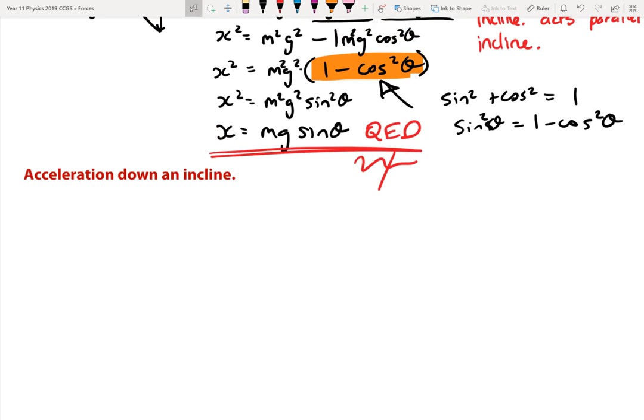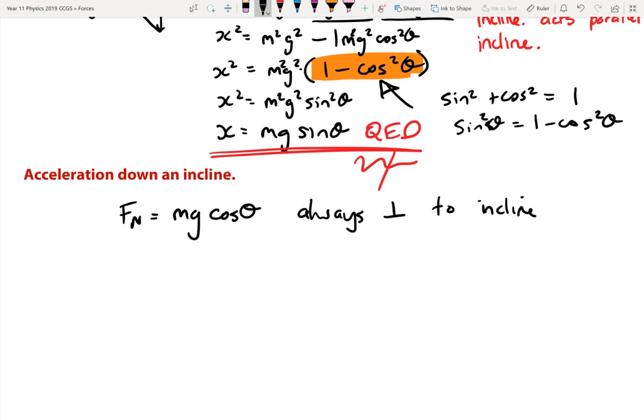In summary, the normal force is mg cosine theta. It is always perpendicular to the incline in direction.